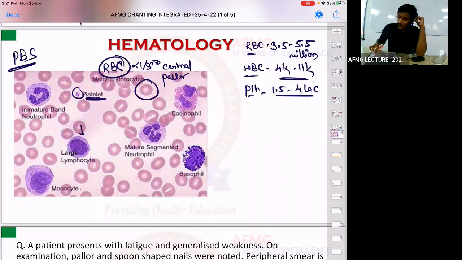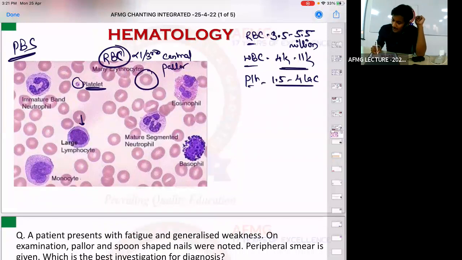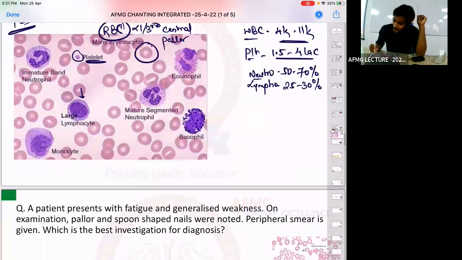No issues with this. Now WBCs: the most abundant are neutrophils, almost 50 to 70%. 25 to 30% are lymphocytes. 8 to 10% are monocytes.